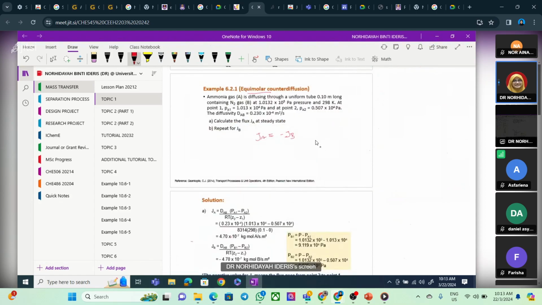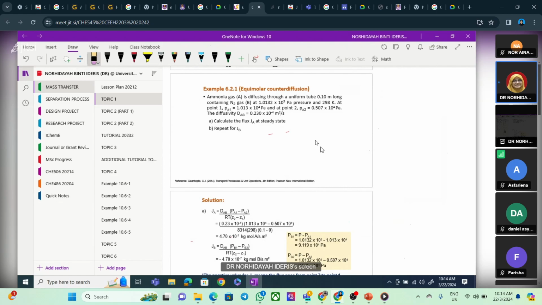Now we go to solving the question related to the equimolar counter diffusion. Usually the question is quite straightforward for this case, because you're just going to apply the equation of flux.